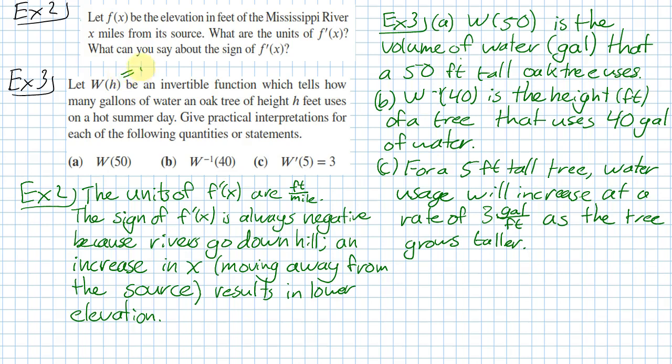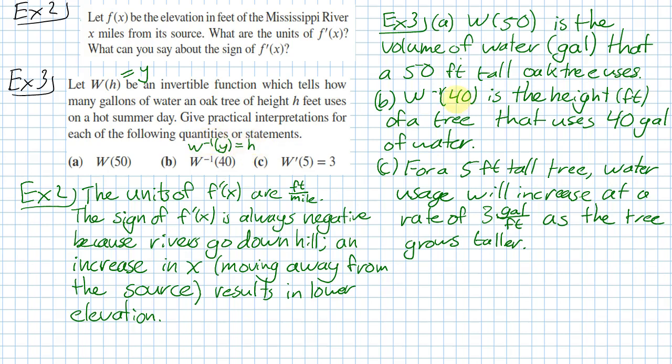W of h, if that's equal to y, so y is the number of gallons and h is the height, then what W inverse does is it switches the input with the output. So instead you input a number of gallons and the output is the height. So that's what inverse functions do, they swap those two things.